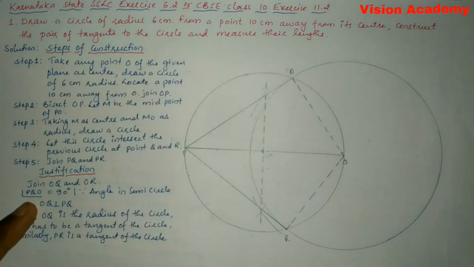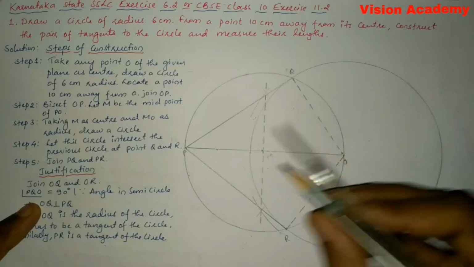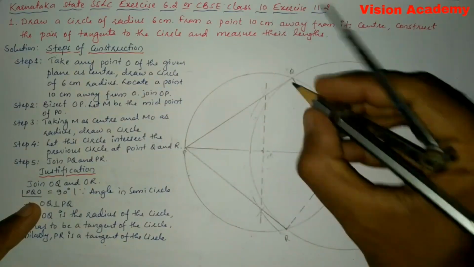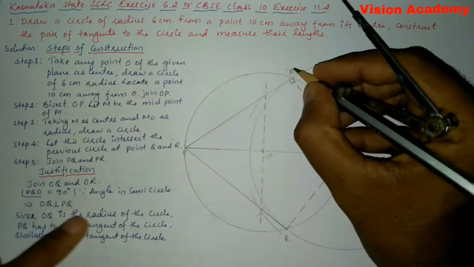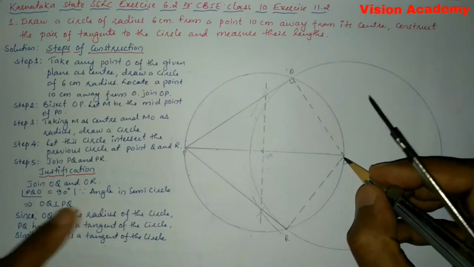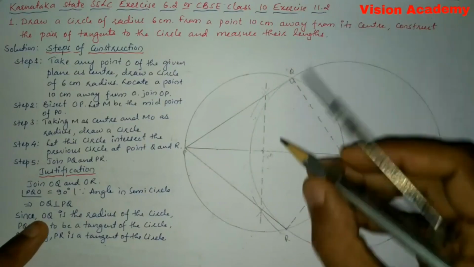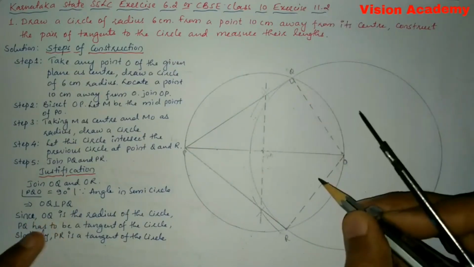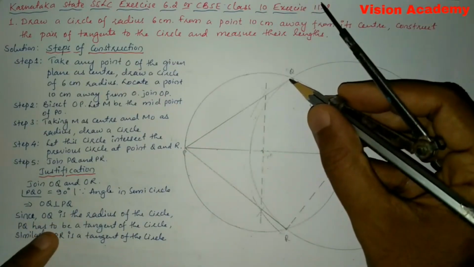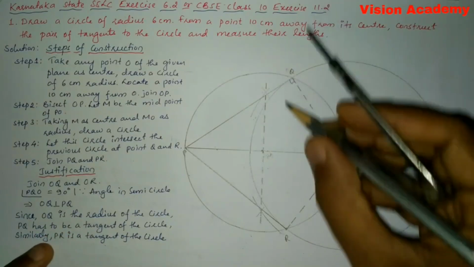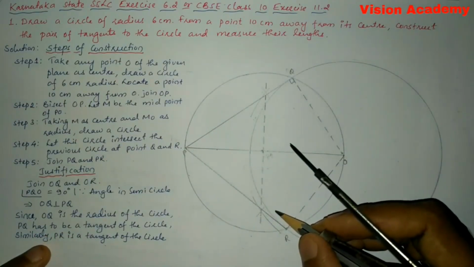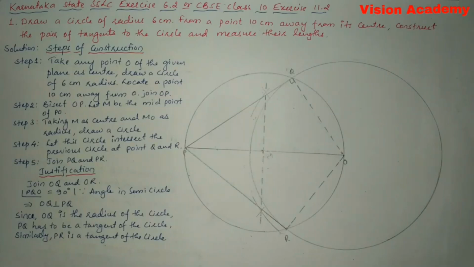Here angle PQO is equal to 90 degree because angle in semicircle. Here OQ is perpendicular to PQ since OQ is a radius of the circle and PQ is the tangent to the circle. Similarly, PR is also the tangent of the circle, hence the justification.